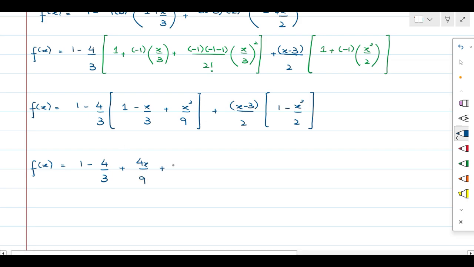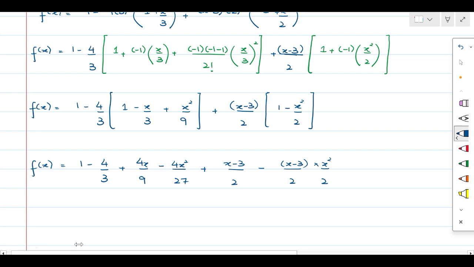This becomes minus, sorry, negative times positive is negative. 4 times x square is 4x square, 3 times 9 is 27, plus this whole thing product with 1, so x minus 3 divided by 2, and then minus x minus 3 divided by 2, its product with x square by 2.